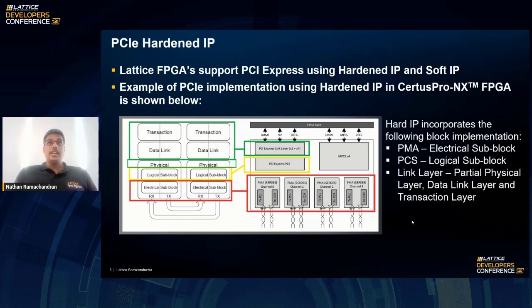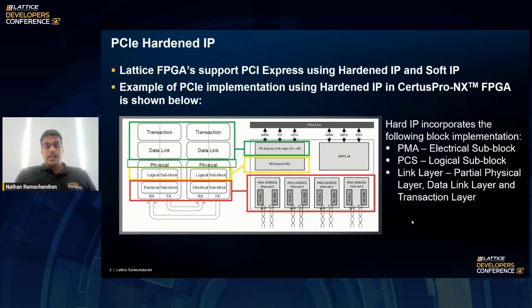The physical layer is the layer which interfaces physically on the board, and it comprises two sublayers, the electrical subblock and the logical subblock. Then you have the data link layer where the incoming and outgoing data will have some flow control and error correction mechanisms. And then you have the transaction layer, which interfaces with your user application.